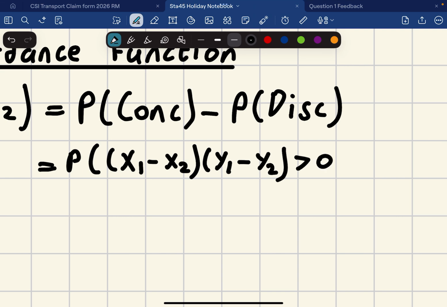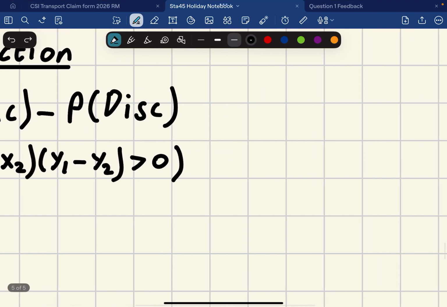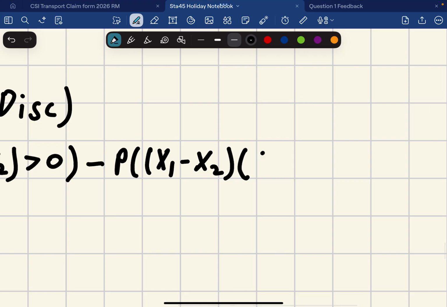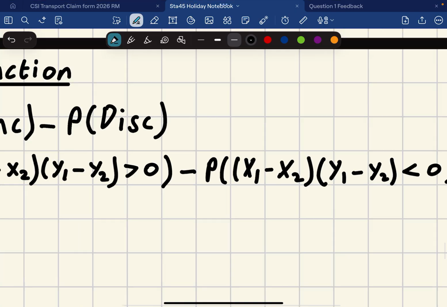This captures the idea of moving in the same direction, because if x2 is greater than x1 and y2 is greater than y1, then moving from x1 to x2 we are moving up, so it's an upwards movement, so it's the same direction. But if it's a flip direction, then we get a negative product, which is now the event of a discordance. When x1 minus x2 times y1 minus y2 gives me a negative number, right?